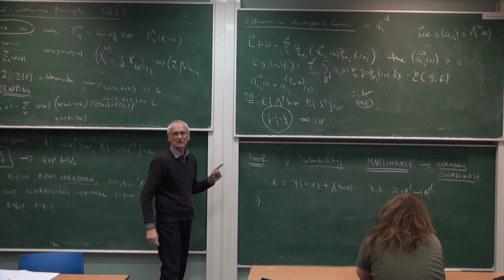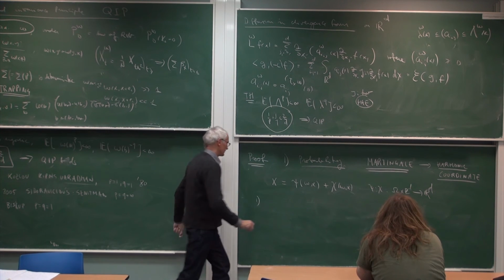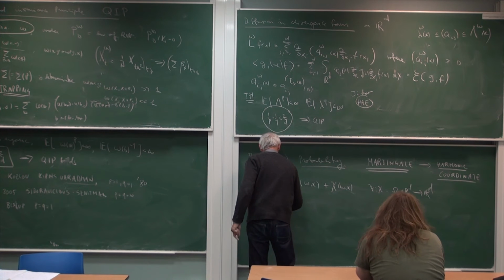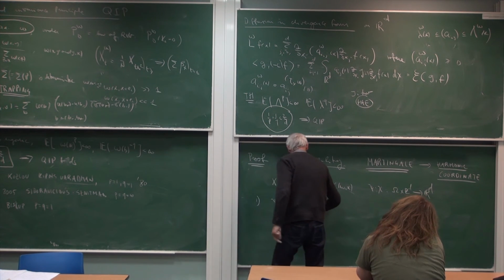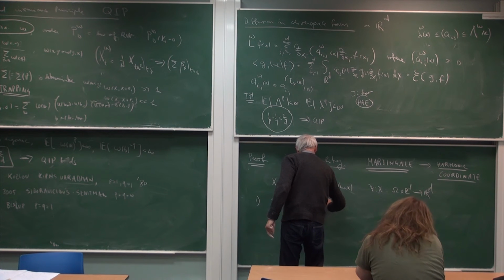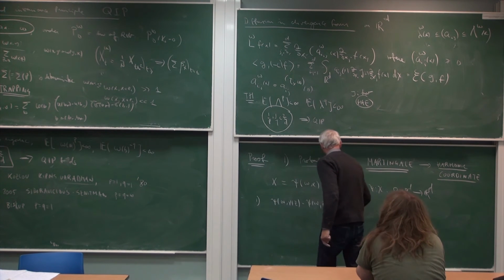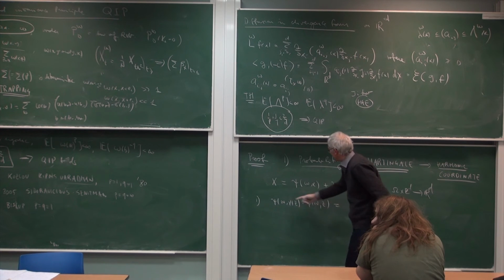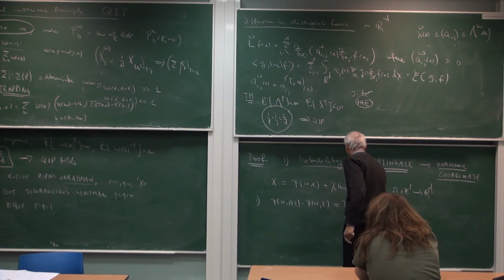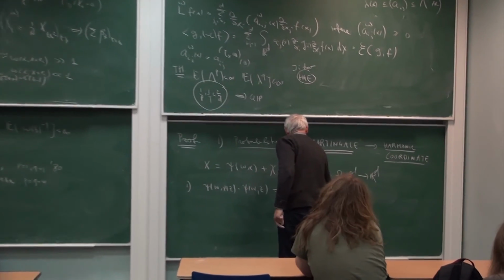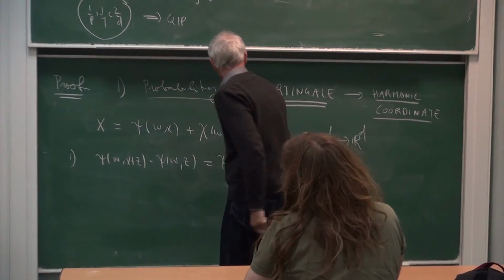They satisfy what is called a co-cycle property, which means that if you look at the increment, for instance, of psi, x plus z minus psi of x, it is the same as if you just shift the environment by z. This is the so-called co-cycle.